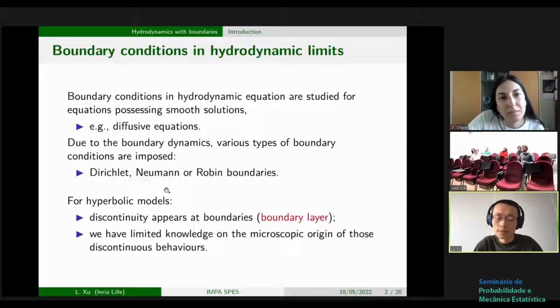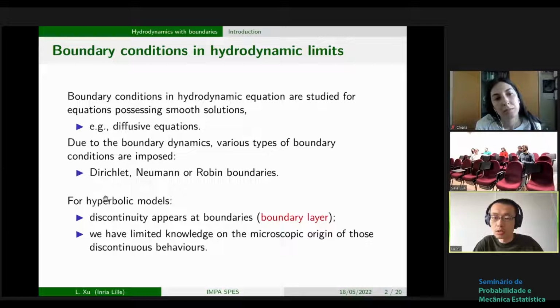However, if the macroscopic equation has a non-smooth solution, for example, a hyperbolic conservation law, then we know that typical kinds of discontinuous behavior will appear at the boundaries, which is usually called the boundary layer. And for the microscopic origin of this kind of discontinuity, our knowledge is actually quite limited.